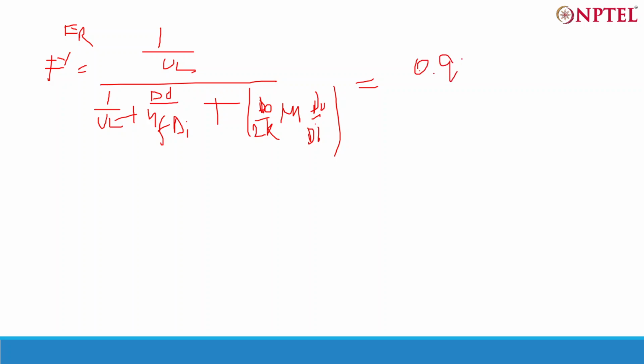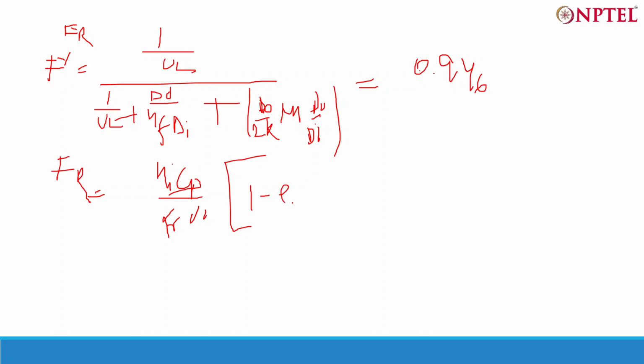Put the values in, and then you need to calculate the heat removal factor F_R. Use the formula: m dot Cp upon A_R U_L, into 1 minus exponential of minus A_R U_L F dash, which you calculated here, upon m dot Cp.